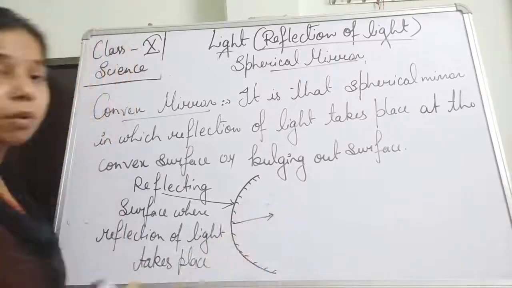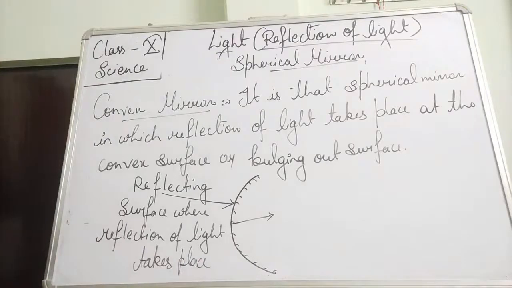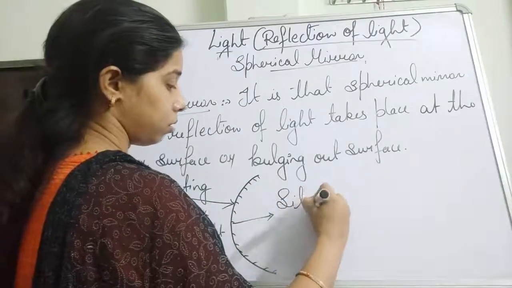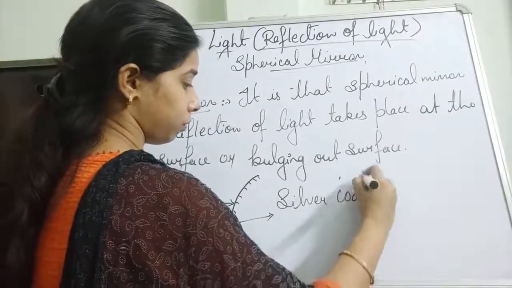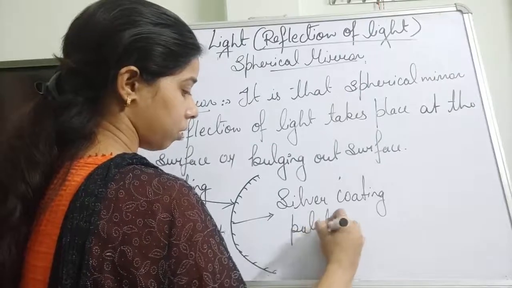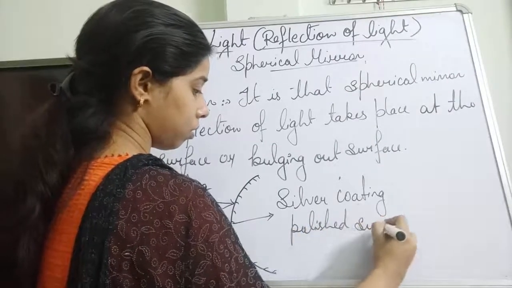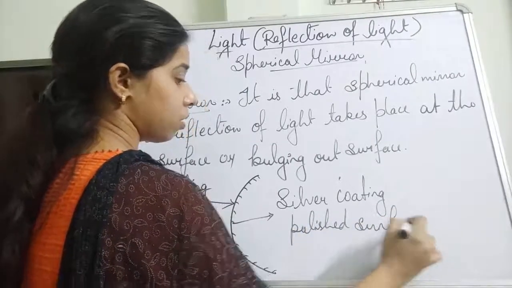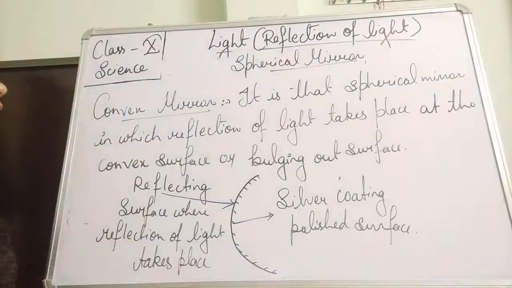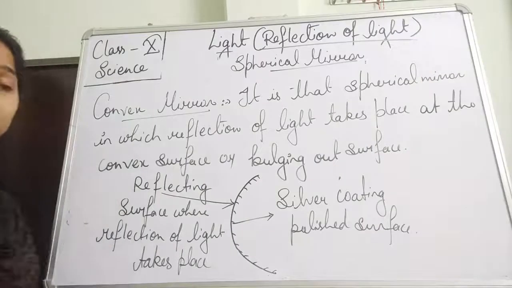This is the silver coating, the polished surface. Convex mirror and concave mirror.